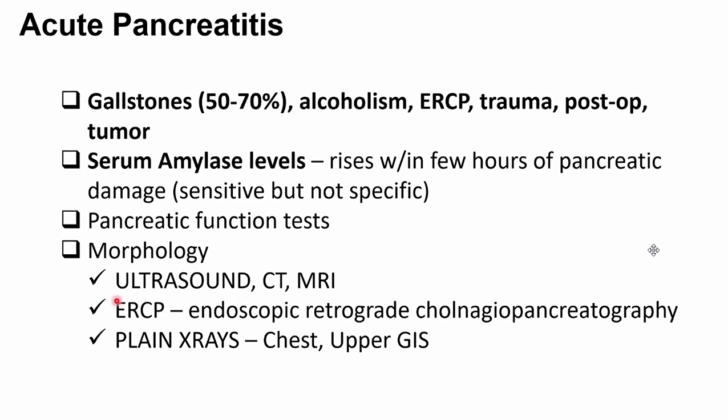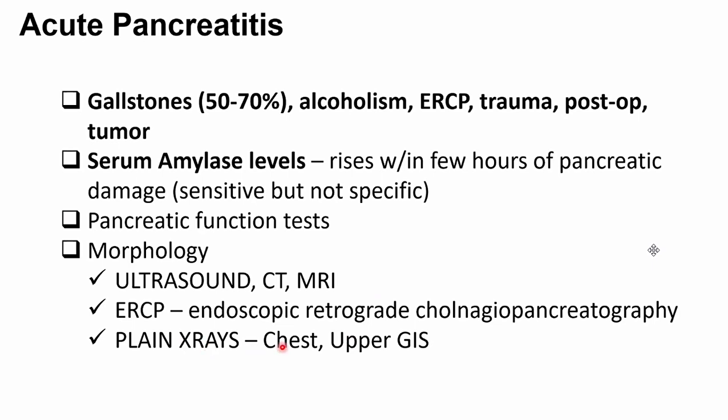So ultrasound is one of the effective to identify swelling, but it's not sensitive. The most sensitive is CT scan and MRI. So if there are stones, ERCP is one of the good diagnostic tests to check the level where the stones are.